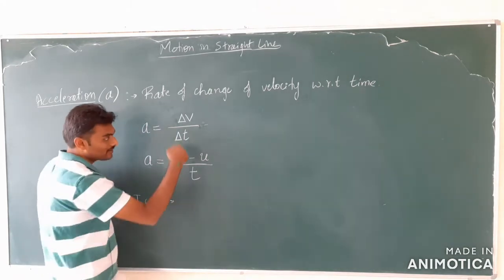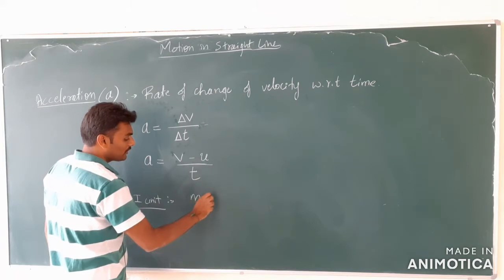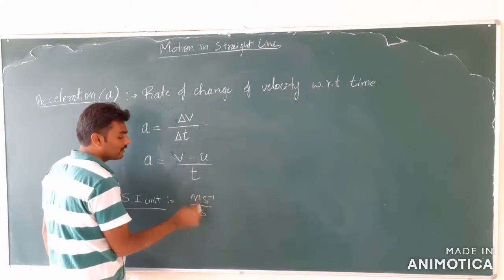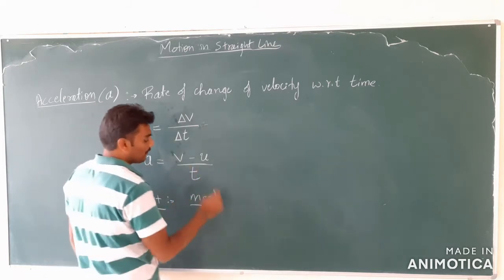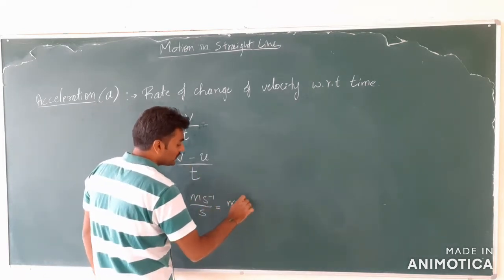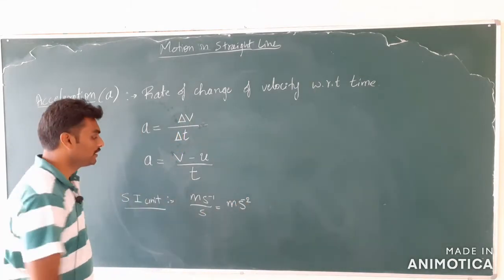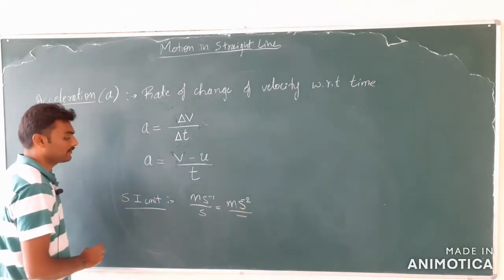So keeping them together, meter per second for velocity, by simply second for time, the SI unit of acceleration is meter per second squared.